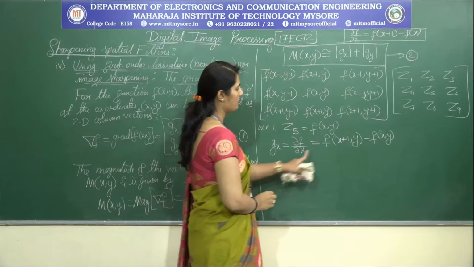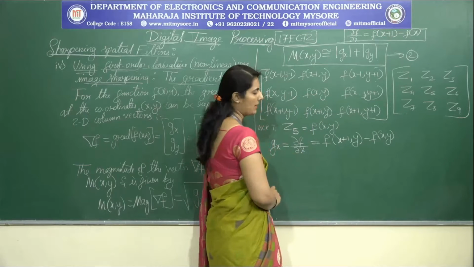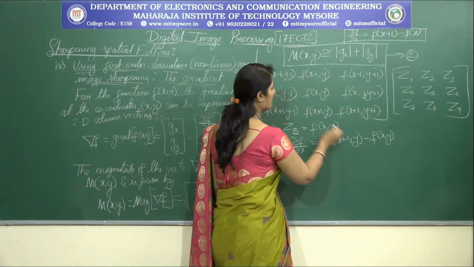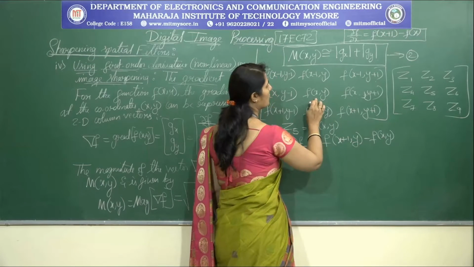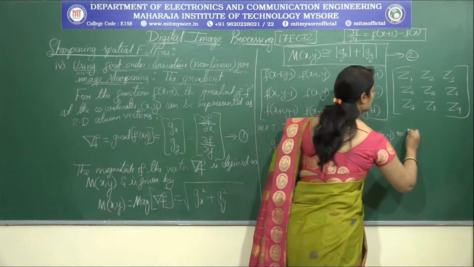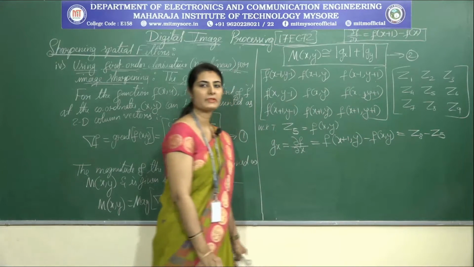So f of x plus 1 comma y is z8 and f of x comma y is z5. So this is equal to z8 minus z5, right?